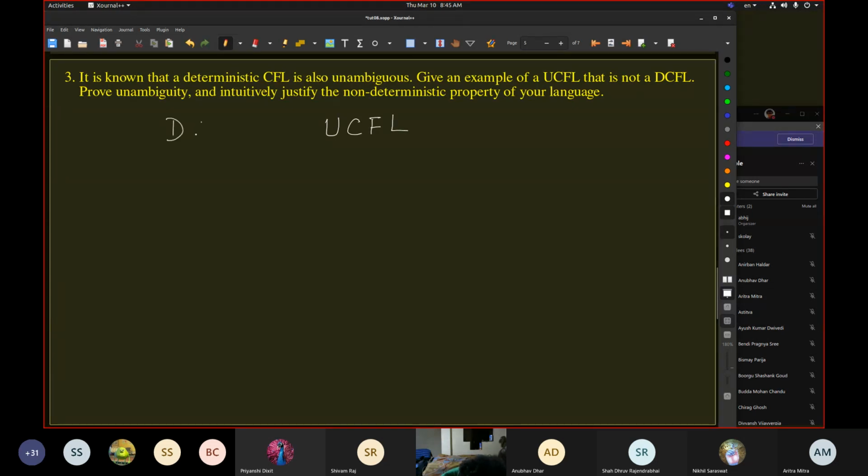On the other hand, deterministic context-free languages are defined by deterministic push-down automata. So this is defined by machines, and this is defined by grammars.